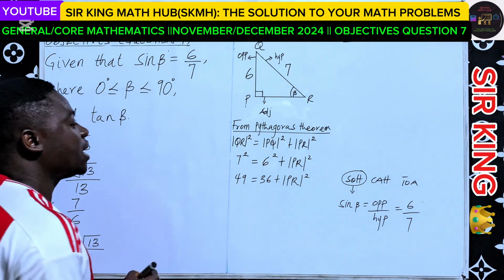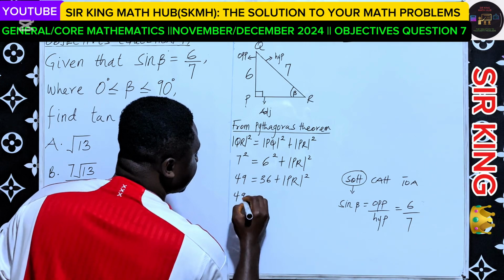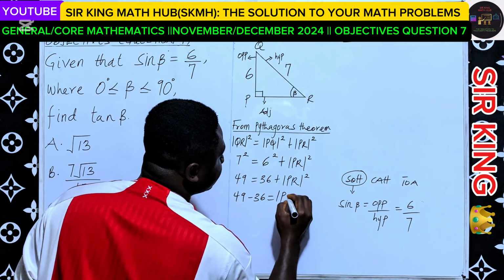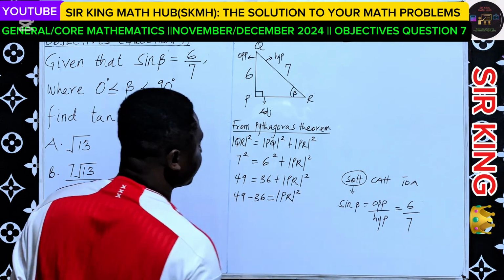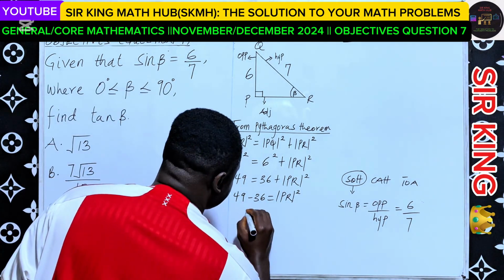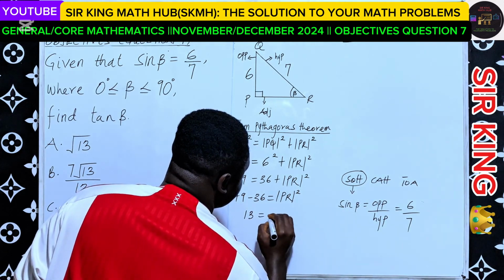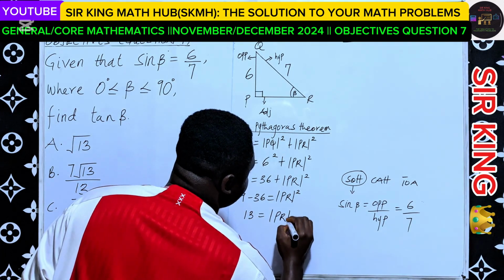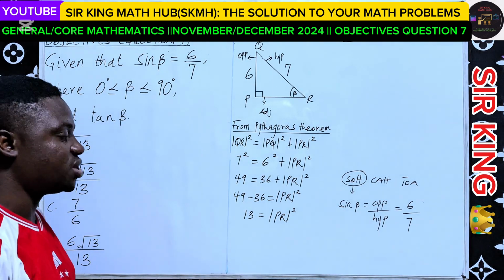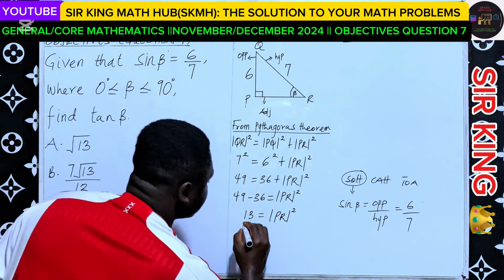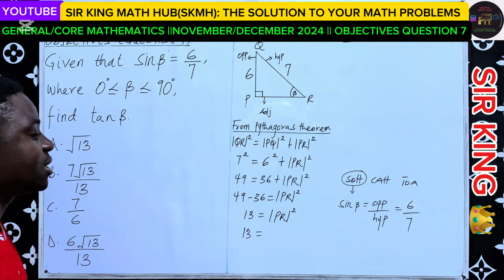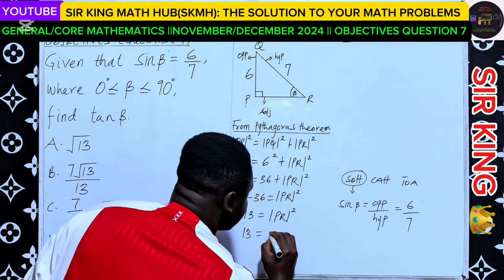So we can group like this: 49 minus 36 should be equal to line PR all squared. Now what is 49 minus 36? That is 13. So 13 equals line PR all squared. We are looking for PR, not PR squared. So we need to do away with the square by taking the square root on both sides.